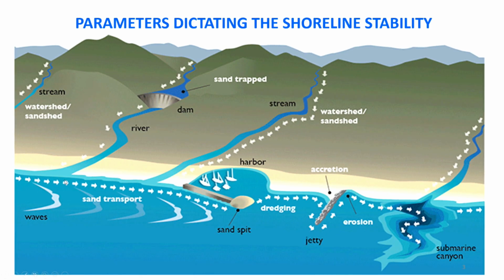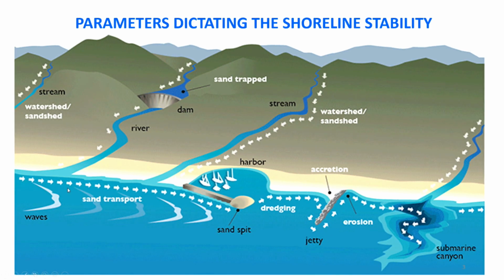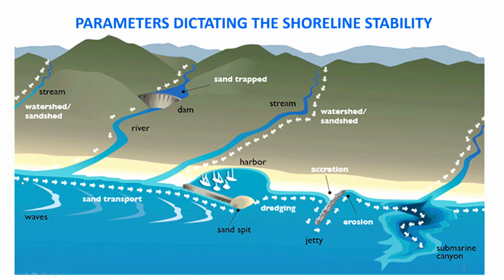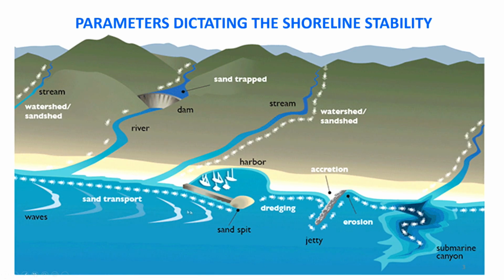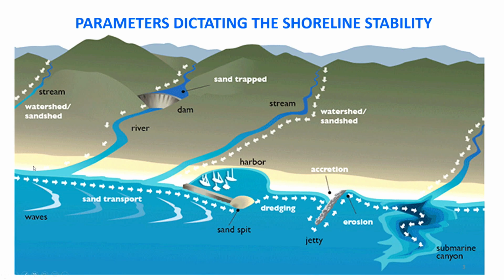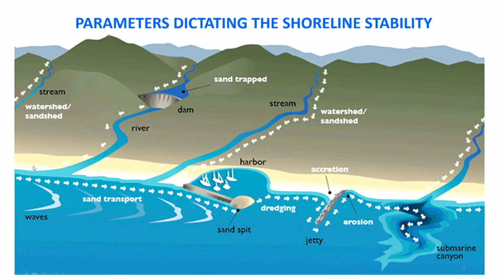Two things happen. The velocity should be good enough to lift the sand and propagate it along the coast. Or if the sand is quite heavy and the velocity is less, then the sand will settle there.